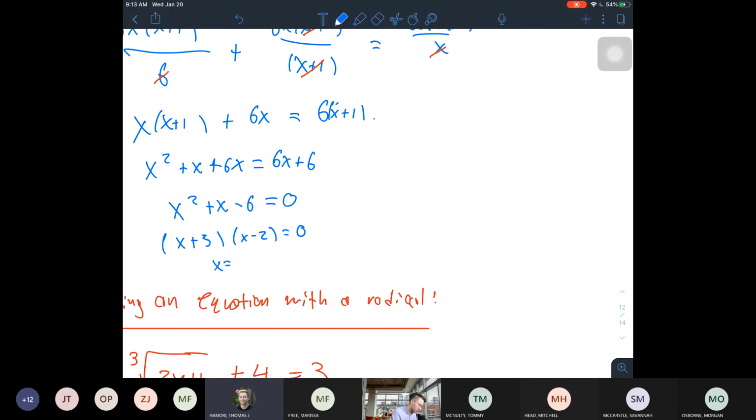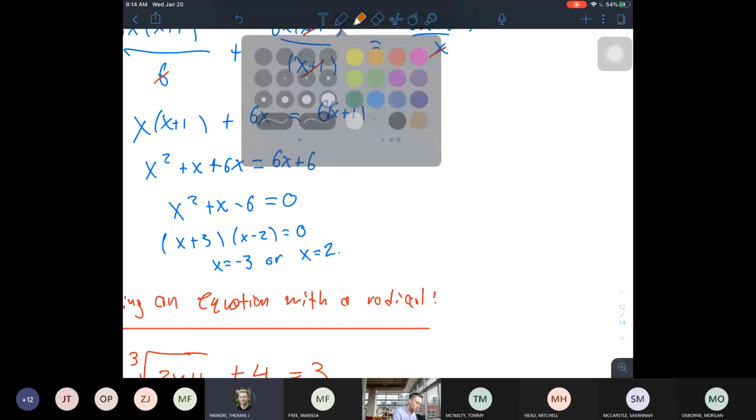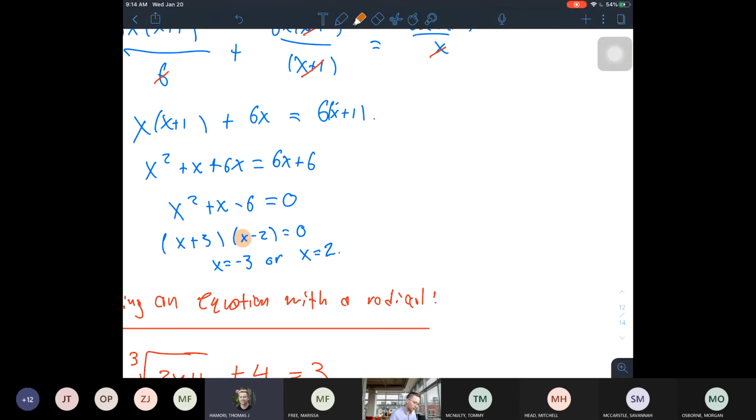So we then just set each one equal to 0 and solve. So we're going to get x equals either -3, that would make the left-hand factor 0, or x equals +2. Because if we plugged in +2 right here, then the right factor would be equal to 0, making the equation true.